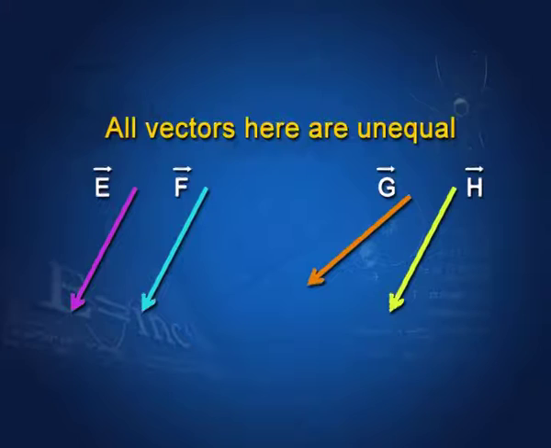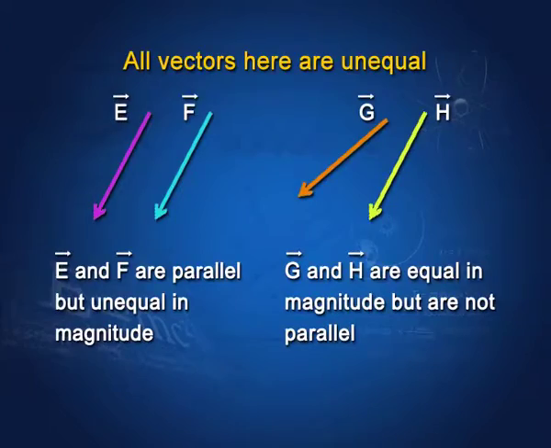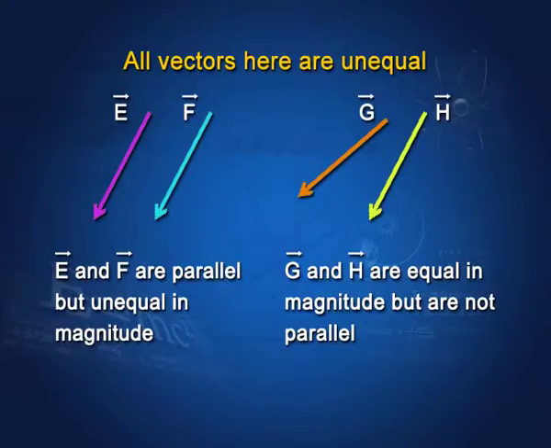All vectors which I have shown here are unequal. Why are they unequal? Let us remember the definition of equal vectors. Two vectors are said to be equal if they point in the same direction and are equal in magnitude. Here vectors g and h have the same magnitude, but they are pointing in different directions, and therefore, by our definition they are not equal.